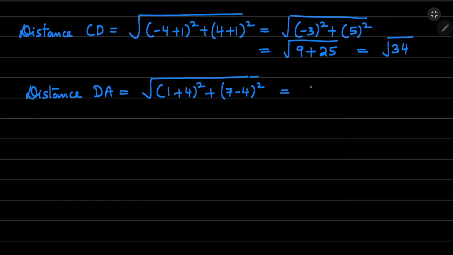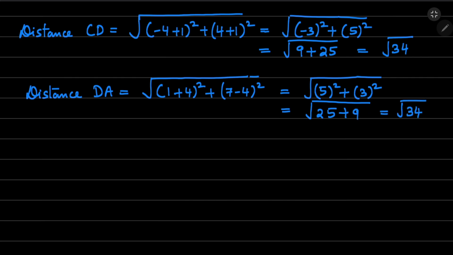So this is also equal to root of 5 square plus 7 minus 4 is 3 square. So this is nothing but root of 25 plus 9, which is equal to root of 34.